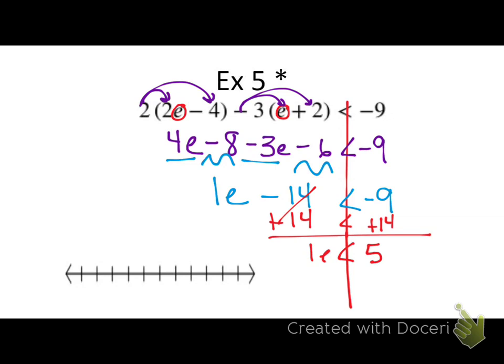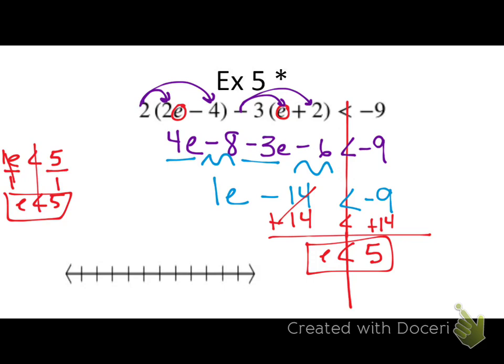Yes. So we can just get rid of it, and it's going to be e is still less than 5. That's the same thing as if I divided each side by 1, I end up with the exact same answer, right? So in that circumstance, you can just drop the 1.